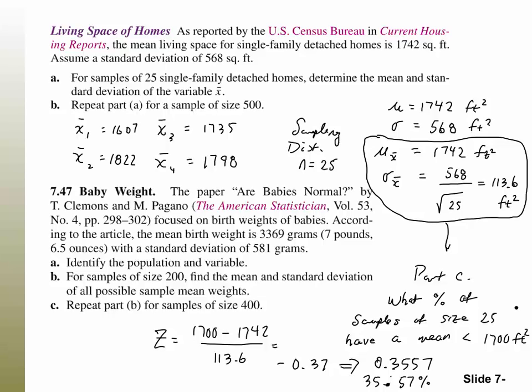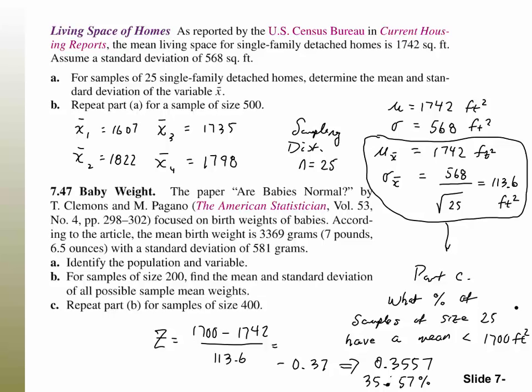The sampling distribution. Samples of size 200. With samples of size 200, you're likely to get a mean very close to the population mean. So all those sampling means will be very close to the population mean. So the standard deviation of the sampling distribution will be very small.